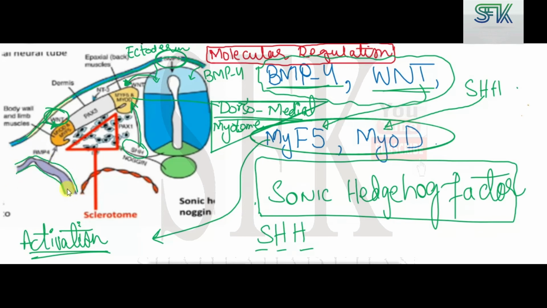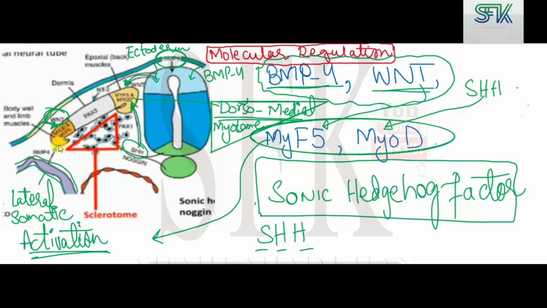What is this mesoderm? Can anyone identify? I'll tell you what it is. It's the lateral plate mesoderm, the parietal or the somatic layer of the lateral plate mesoderm. This somatic layer now takes the responsibility of producing the BMP4.